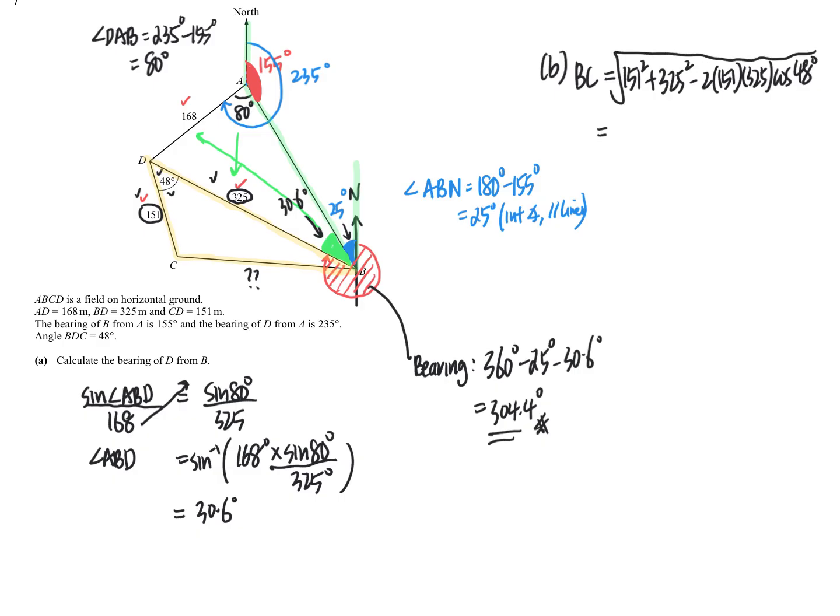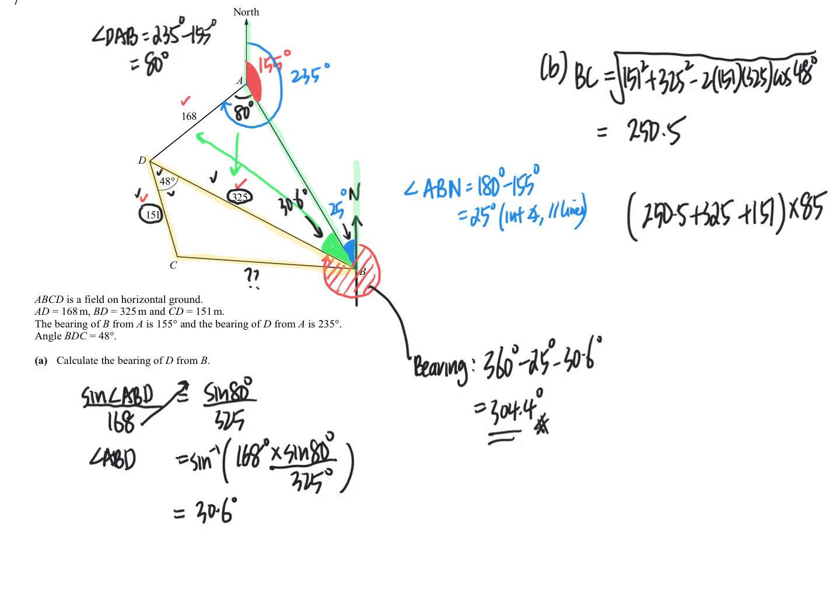So once you find BC, which is 250.5, is it? Okay, once you find that length, now you want to find the whole perimeter. The whole perimeter is this thing plus the 325 plus the 151, because you want to build fence around it. And they say every meter cost me $85.